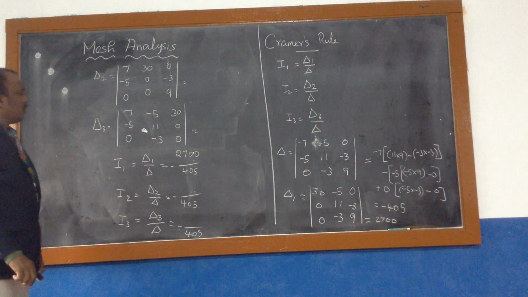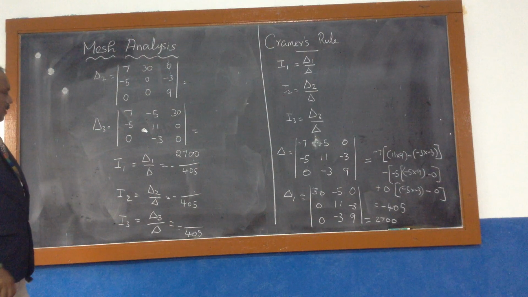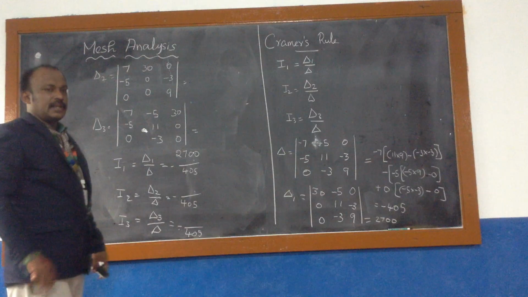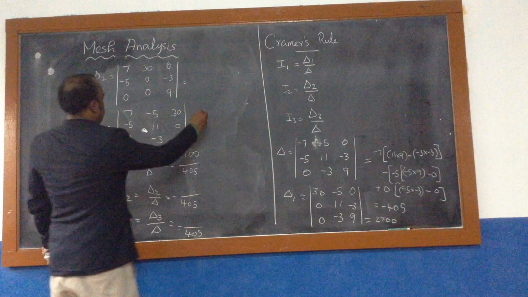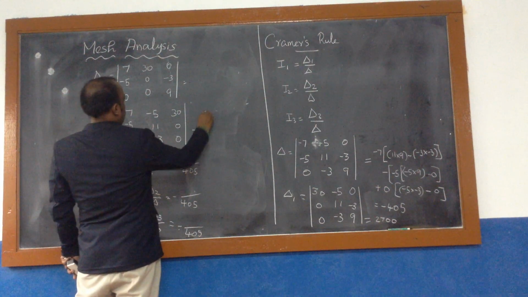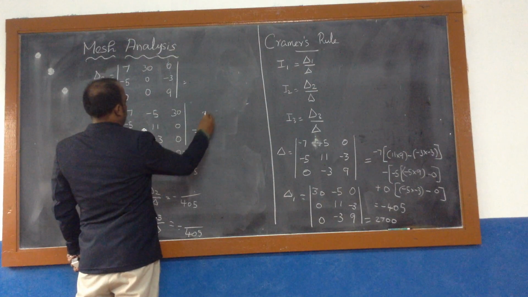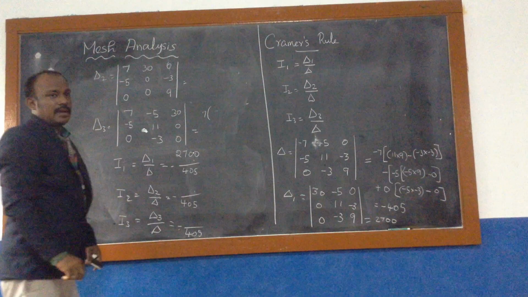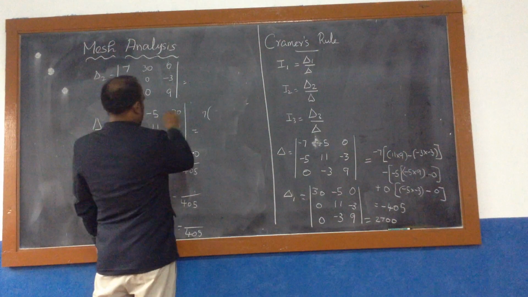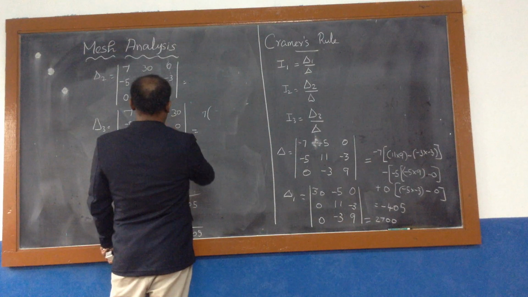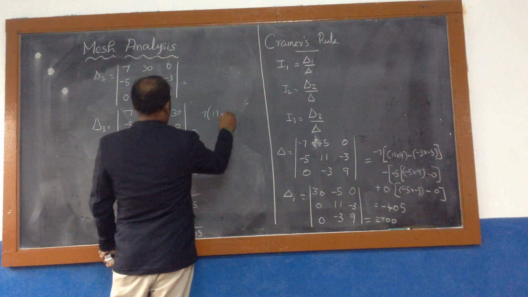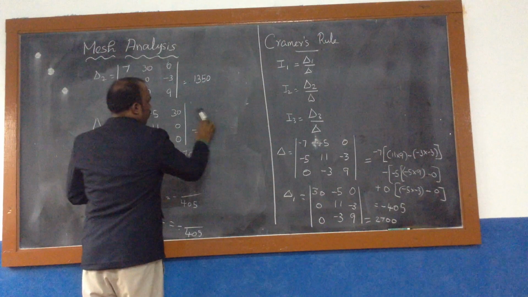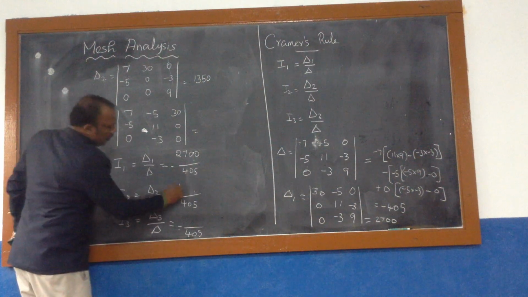Similarly, in the same way when you calculate the other values, del 2 and del 3 will be obtained as del 2 will be 1350. Similarly, tell me the del 3 value, so that the problem will be 1350.